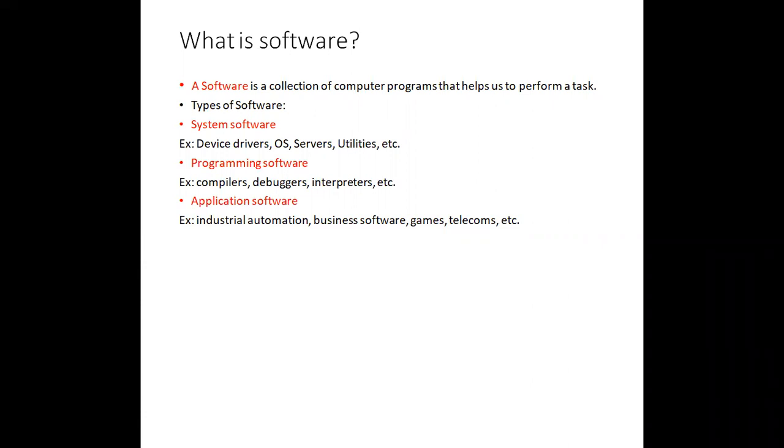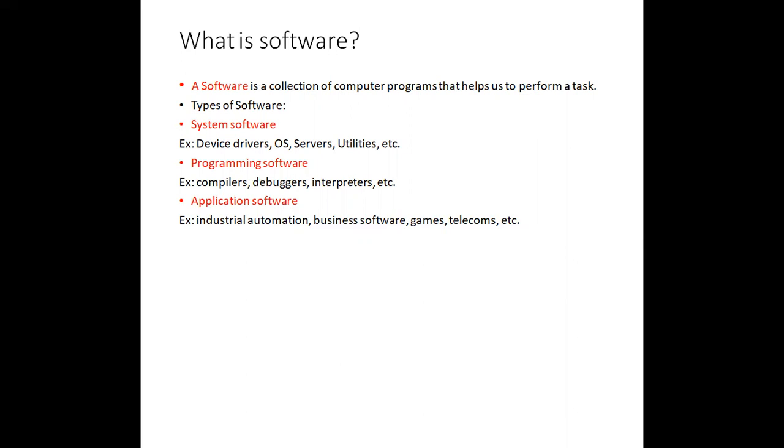A mobile phone is like a mini computer. So software is nothing but a group of instructions which we provide to the computer, and using that, the computer will perform the task.